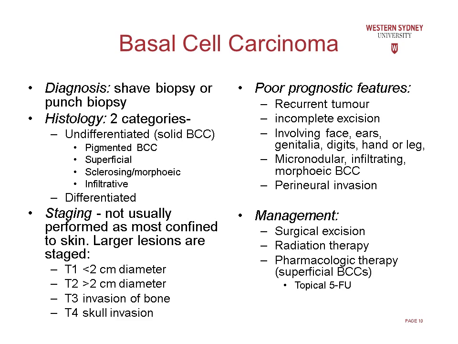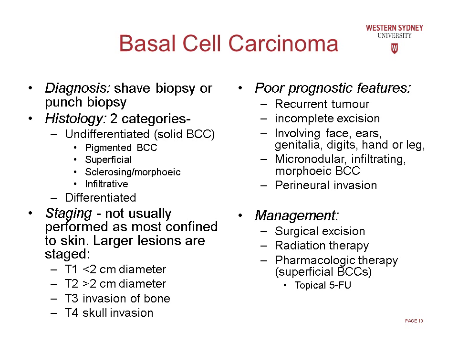The undifferentiated types tend to be the worse of the two, with a higher grade. Staging is not usually performed for BCCs, particularly because it's mainly confined to the skin. However, if there are larger lesions, they are staged in the same way as any non-melanoma skin cancer, using the TNM system, the tumor, node, and metastasis system.